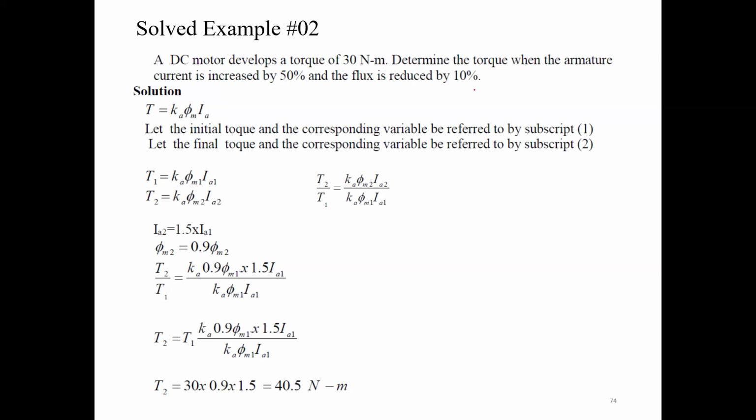So we have a certain DC motor, guys, and this DC motor provides a torque of 30 Newton meters. So this is the electrical torque that the motor provides at a certain operating condition. The question says, what would be the value of the torque if the current is increased by 50% compared to the first case, and the flux is reduced by 10% compared to the first case?